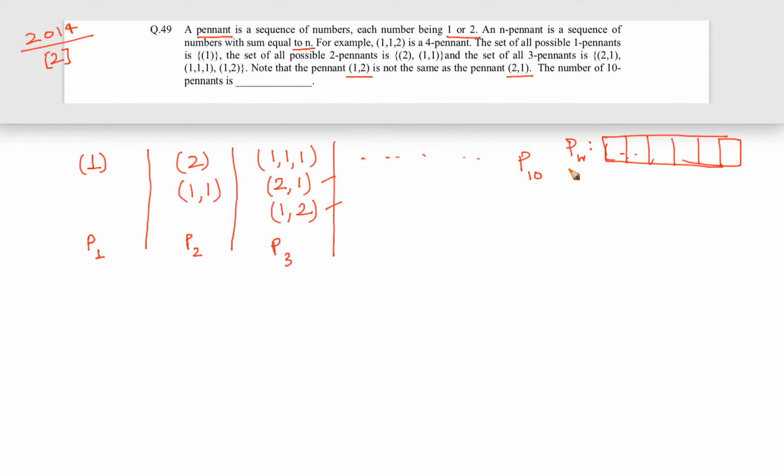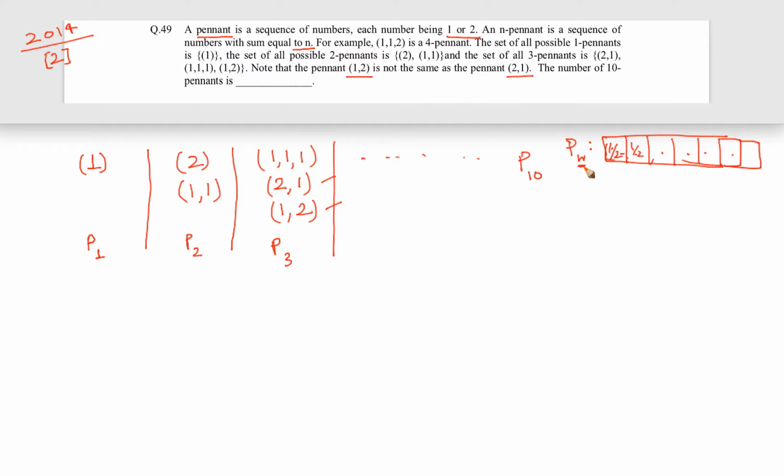Here also 1 or 2 can be there, whatever numbers are there at each position, and whatever be the length, the summation of all these numbers is n. That is exactly the definition of n pennant, right?